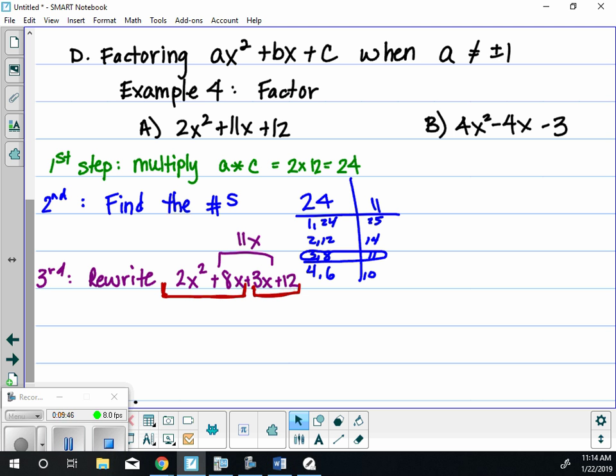Okay. So if I look at 2x squared plus 8x, both of them are divisible by 2, and both of them have an x. So I can take out a 2x. If I take out a 2 and an x out of 2x squared, I'll be left with x.